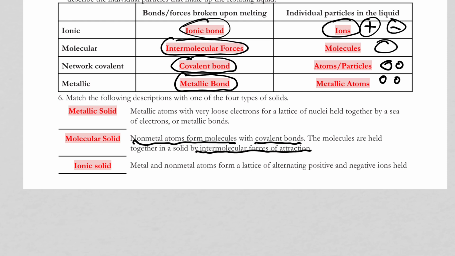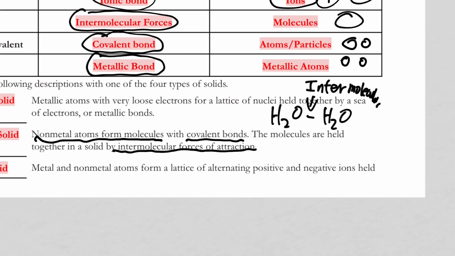So a covalent bond is present in, for example, water connected to another water. The attraction between molecules here is intermolecular forces, which is not really a bond, because we talked about the three types: covalent, metallic, and ionic, and intermolecular force is not one of them.